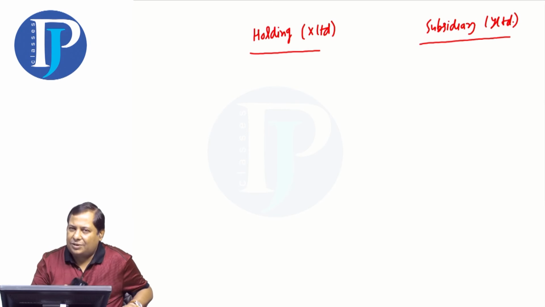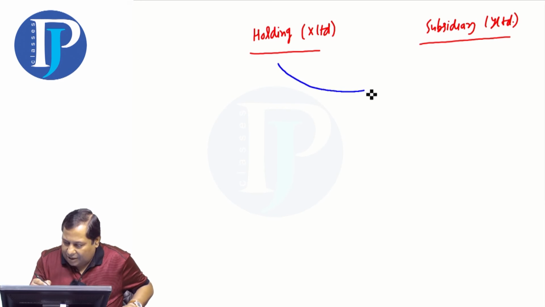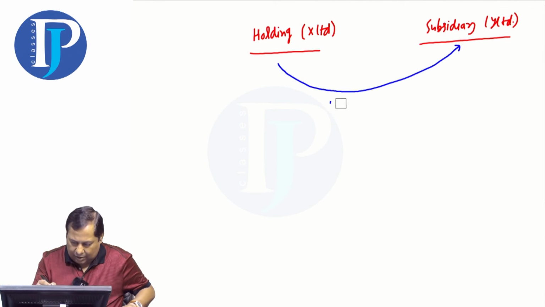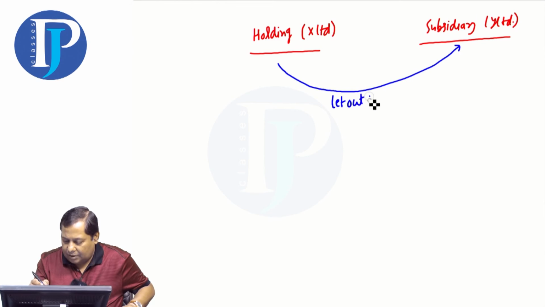For example, listen carefully. I am telling you this for the 5th time because this concept is a bit tricky. X company has let out to Y company one of its investment properties.